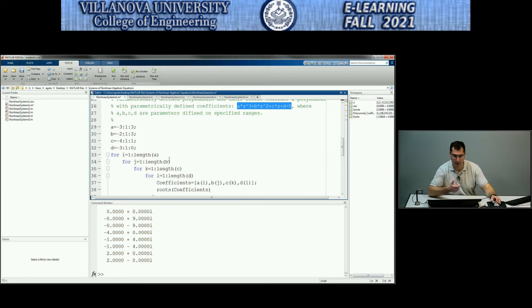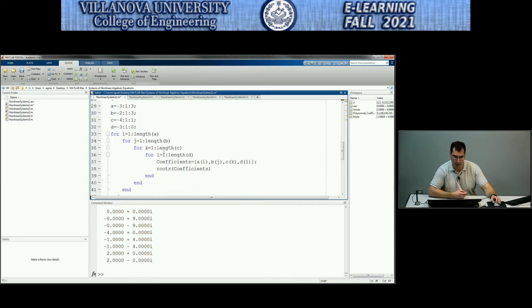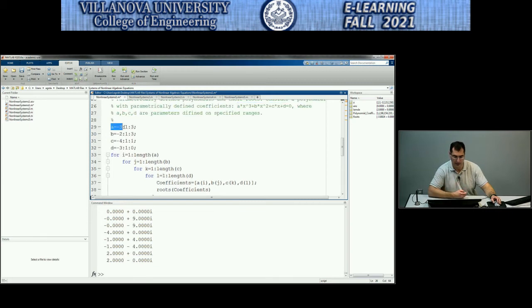For that structure, you use the nested for loop. Before that, you need to define the values of each of those parameters. So for a, you define the array of data. A is going to run between -3 and 3 with the step 1. Let's say b, I make it up, runs from -2 to 3 with the step 1, and you can manipulate the step. You can change the step to be 0.1, 2, whatever is more convenient for you, whatever is necessary for your problem. Same thing with c, same thing with d.